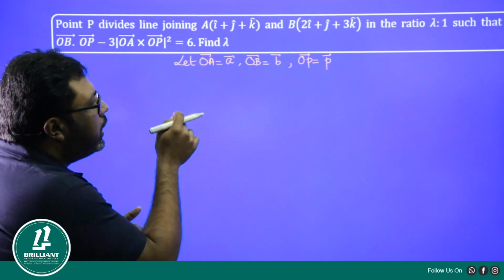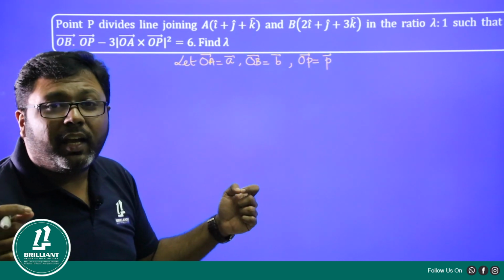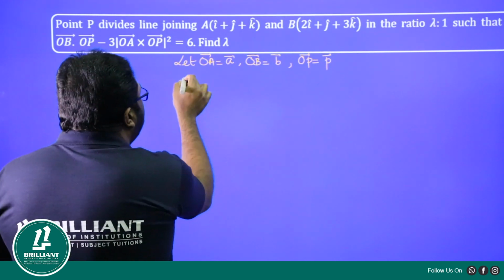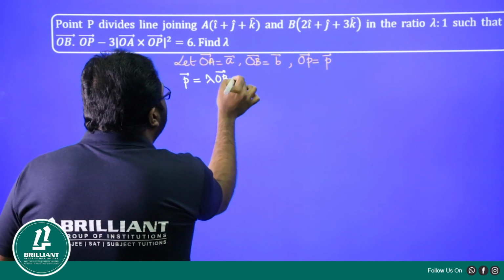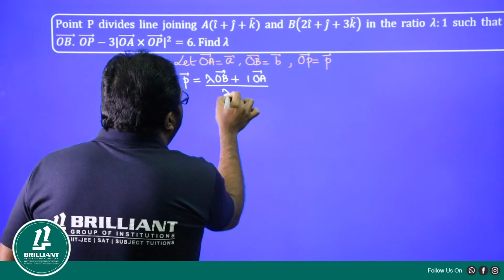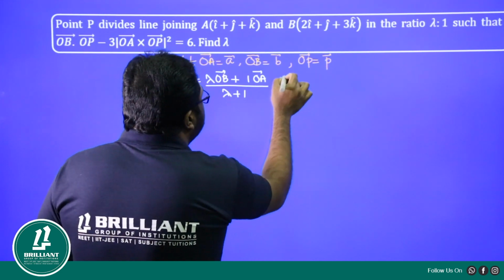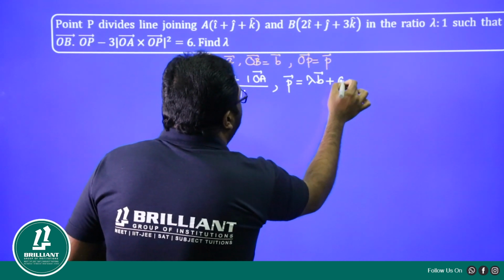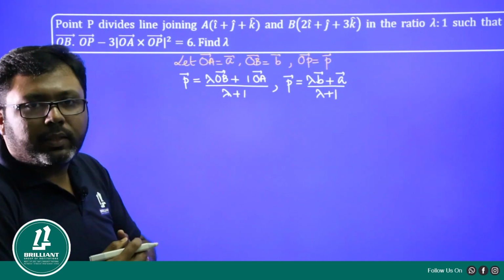Yes, P vector is formed by dividing the line segment joining A and B in the ratio lambda is to 1, and according to that property I can say that P vector is equal to lambda OB vector plus 1 OA vector divided by lambda plus 1, and our assumption is OB is equal to B vector. So I can say P vector is equal to lambda B vector plus A vector divided by lambda plus 1. This is my P vector.